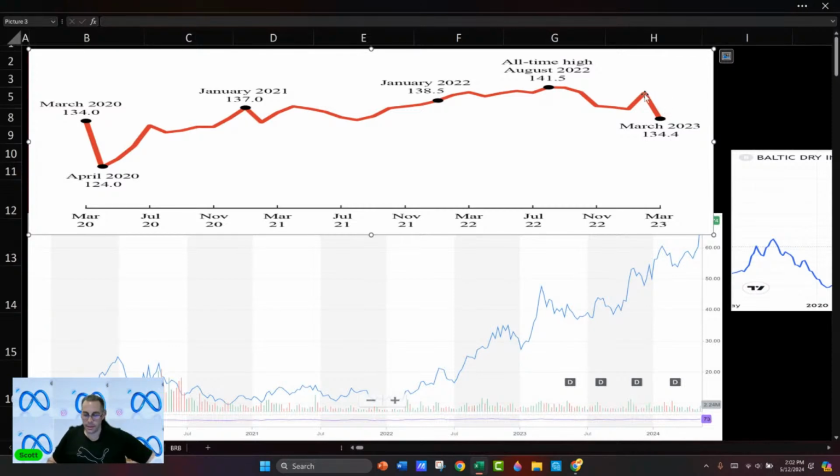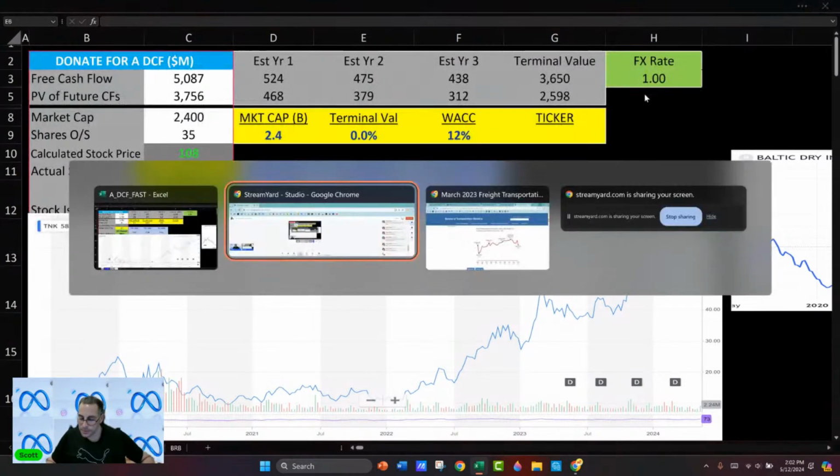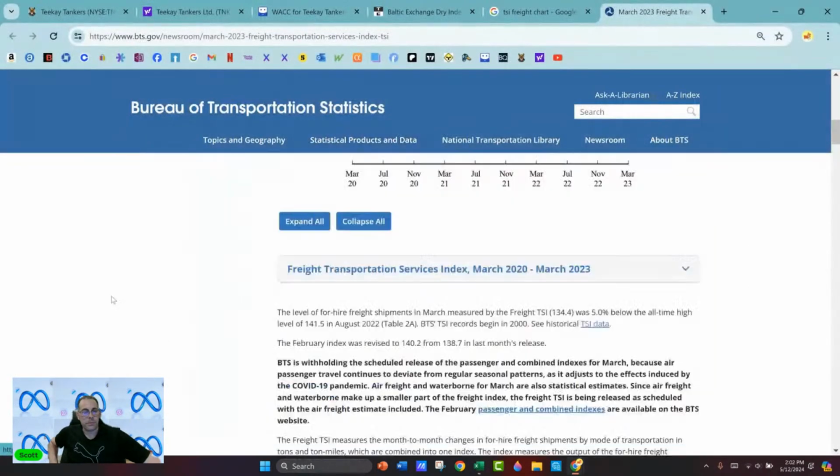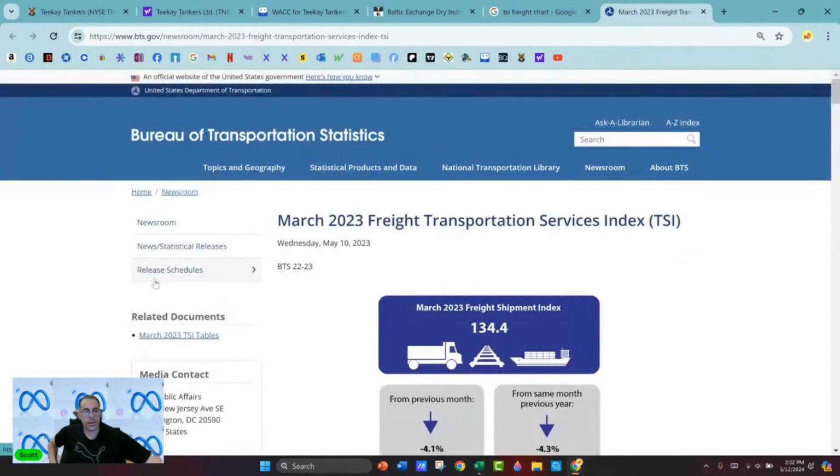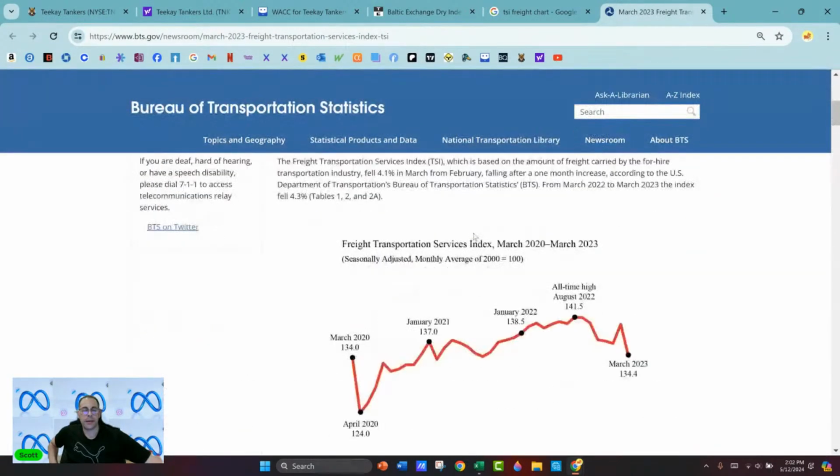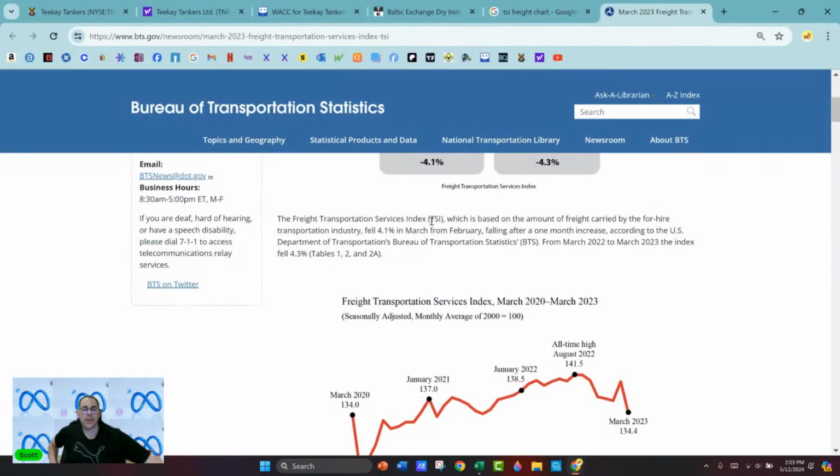It's probably not good. Quags, what's up? There you go, FRED data. This is a government website. The freight transportation services based on freight carried for hire.